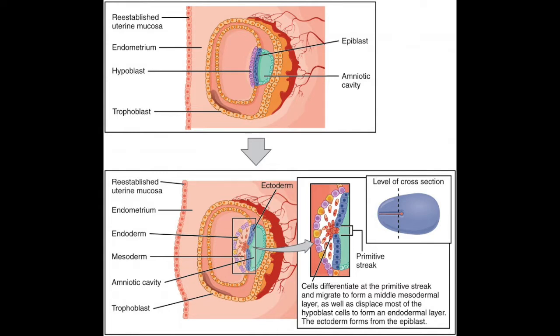Firstly, we have to understand that the extraembryonic membranes can only be found in the amniotic animals, including the reptiles, birds and the mammals. The extraembryonic membranes are developed from the trophoblast, or you can say the trophectoderm. The trophoblasts are the cells that form the outer layer of the blastocyst. It provides nutrients to the embryo and develops into a large part of the placenta.